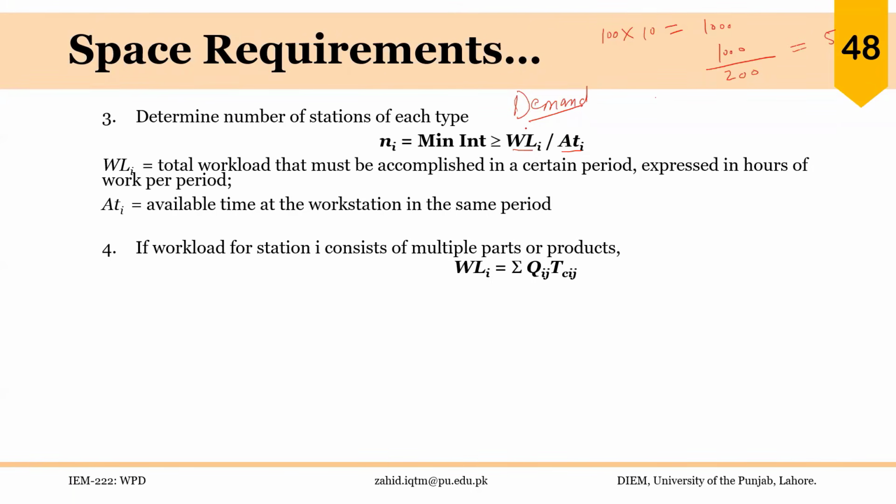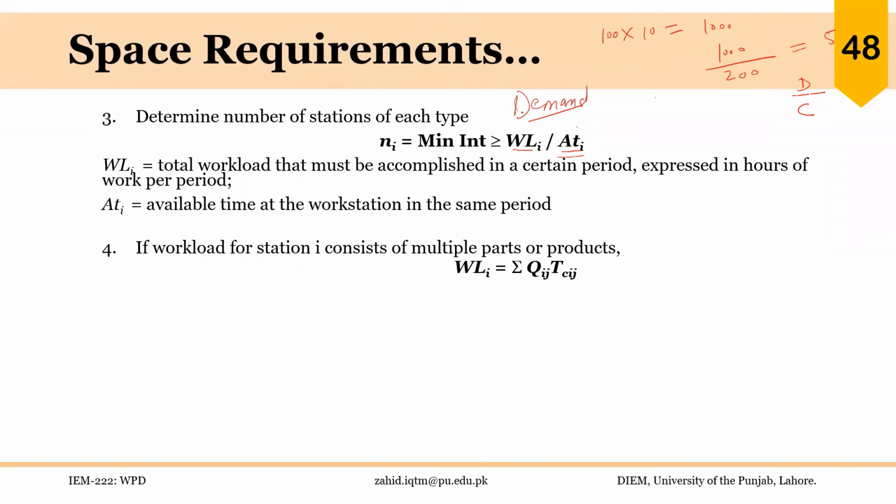So you could take this workload and available time, both are actually times, or it could be demand over capacity. Then both demand and capacity will be in terms of number of units. So both mean the same thing. The point is whether you are taking workload in terms of time or number of units, and capacity in terms of number of units or available time.